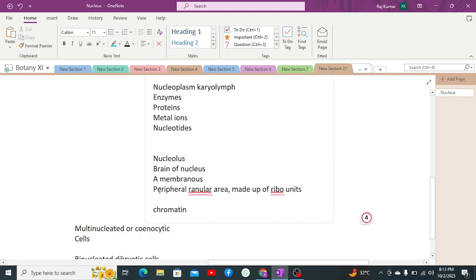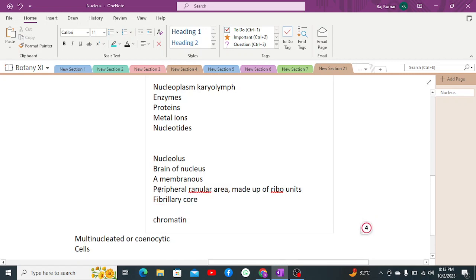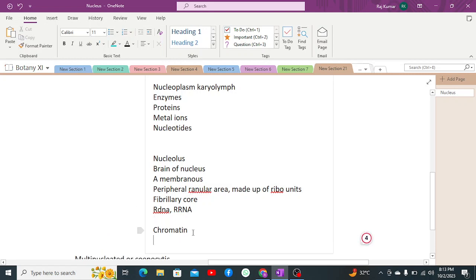Apart from which, there is an internal core area, which is made up of fibrillary proteins. There is an internal fibrillary core, which is made up of rDNA and rRNA, which means ribosomal DNA and ribosomal RNA.